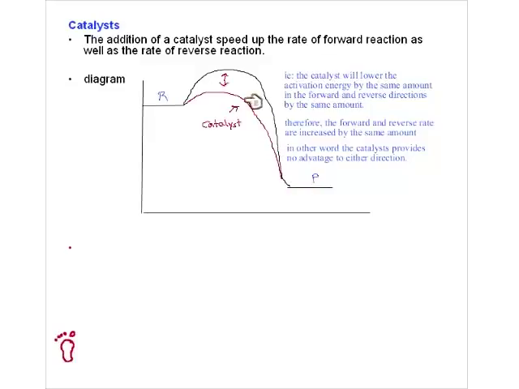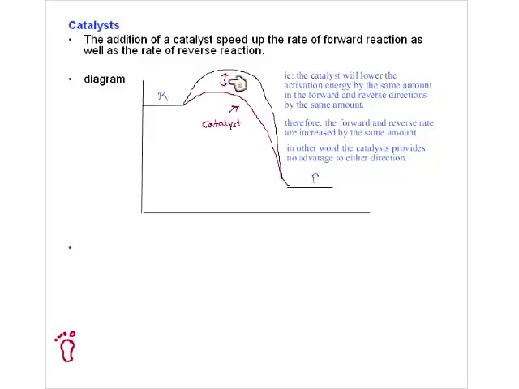Isn't that pathway still available? Instead of going all the way to the top, let's choose the catalyst route. So in a sense, the catalyst is making it easier for the forward reaction, but it's also making it easier for the reverse reaction, and by the same amount. So it's speeding up the forward rate by the exact same factor that it's speeding up the reverse rate.